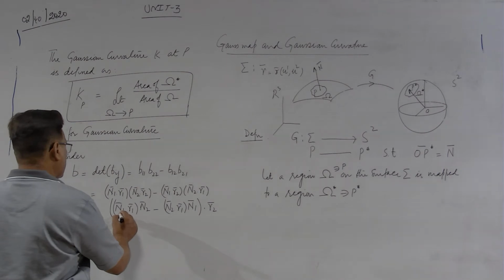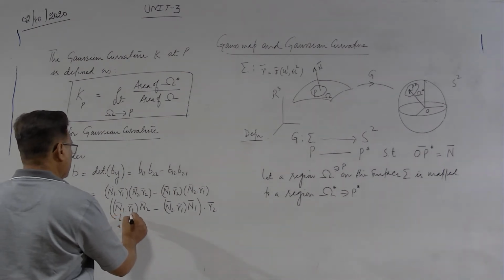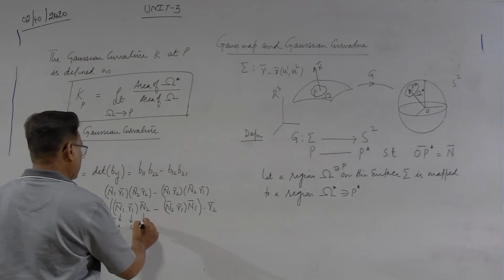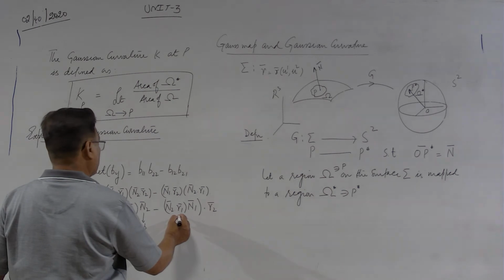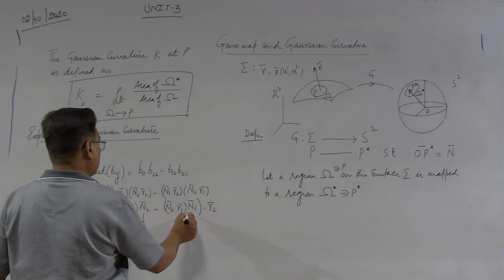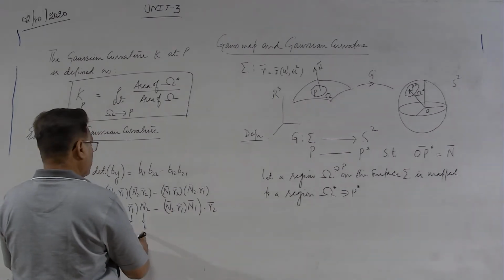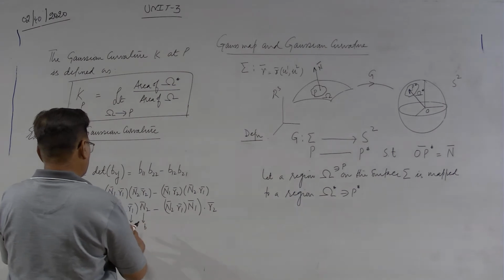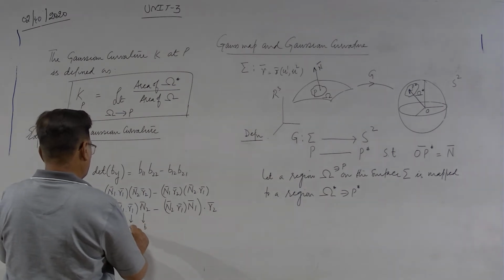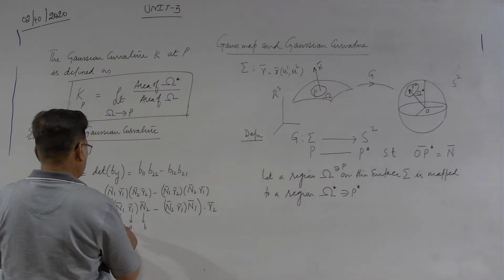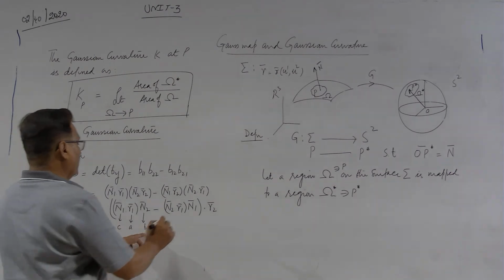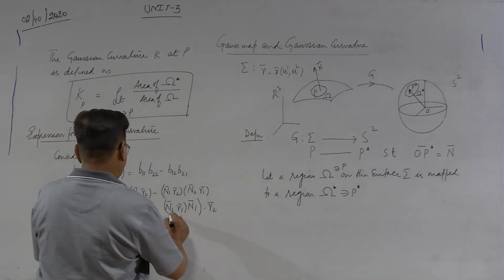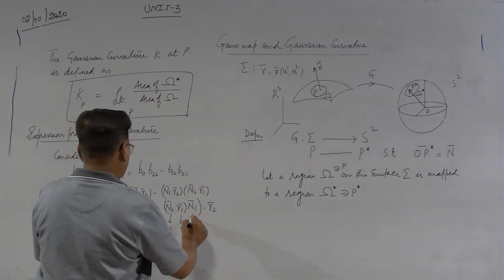If I call this vector A, this vector C, this vector B, then this is A dot C into B. So, this should be A and this should be C. So, this is A dot C into B minus A dot B into C. Am I right?